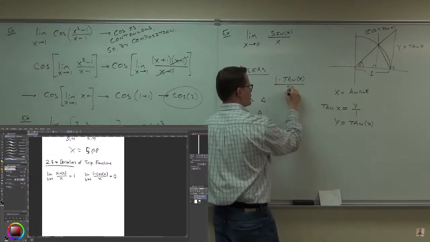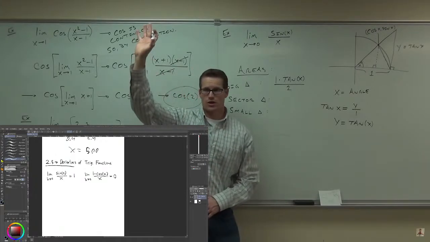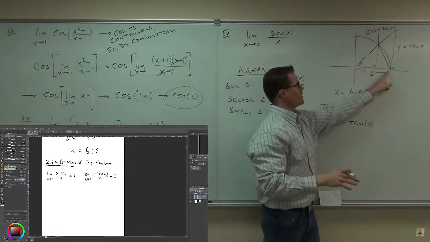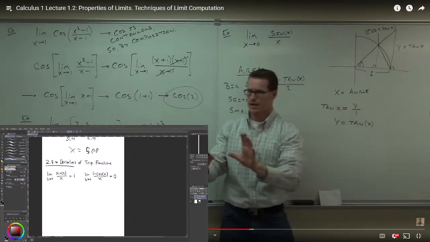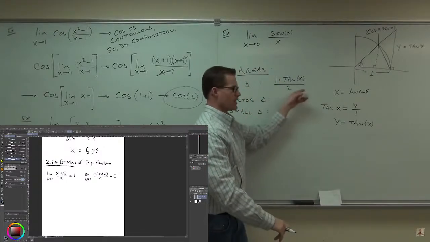And to find the triangle, I divide by 2. I need to see a hand if you're okay with the area of the large triangle. Base times height over 2, we have base 1. Height is y, yes, but y equals tan x. So I'm going to use tan x because I want everything in the same variable, all in x's. And then divided by 2.